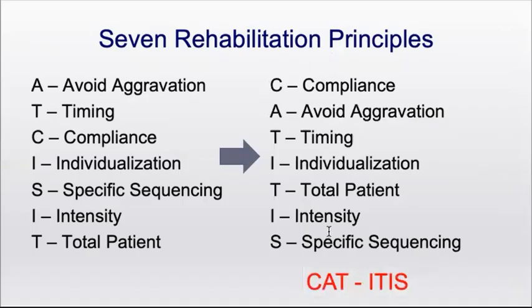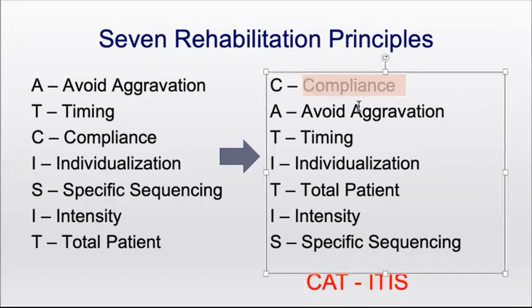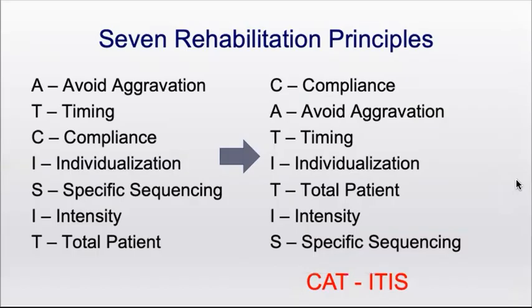But what this stands for is compliance, avoid aggravation, timing, individualization, think of the total patient, what's the intensity of the rehab, and there should be specific sequencing involved. So think of these principles when you're coming up with your rehab strategies, and we're going to go through these individually.